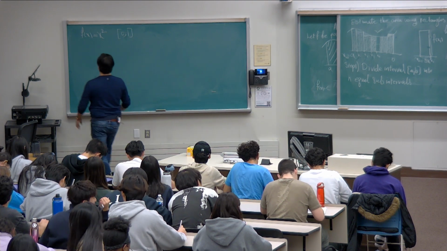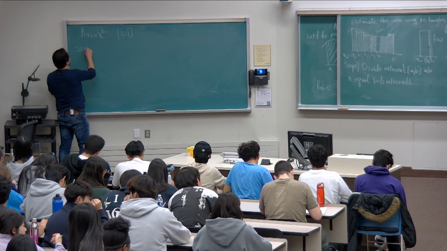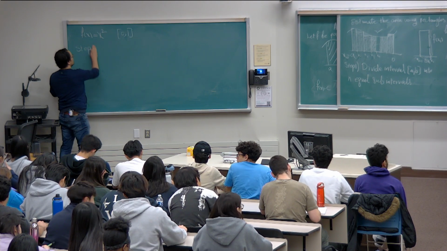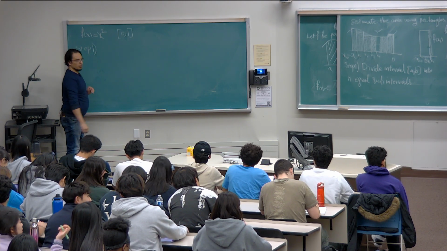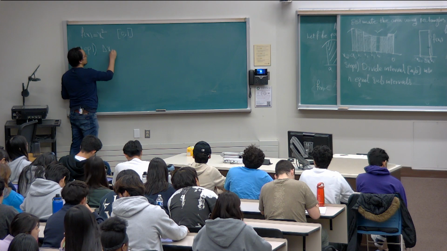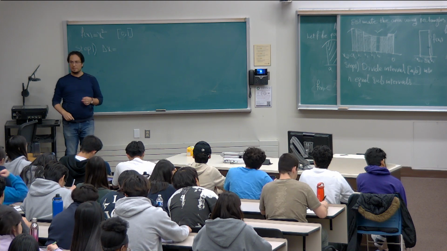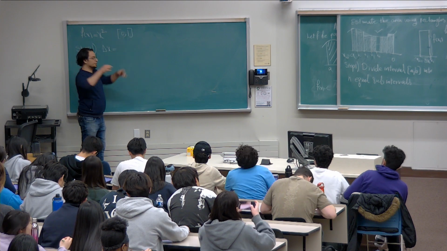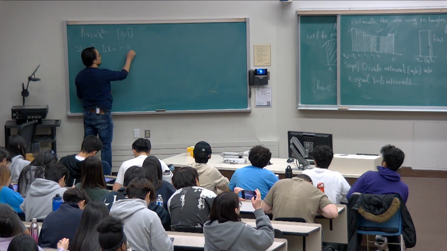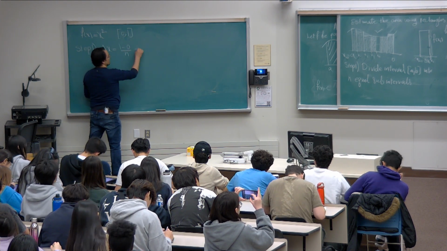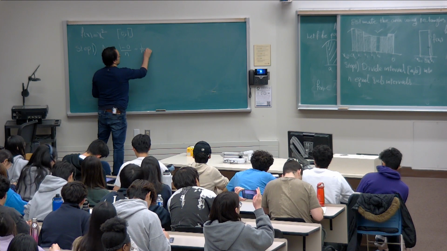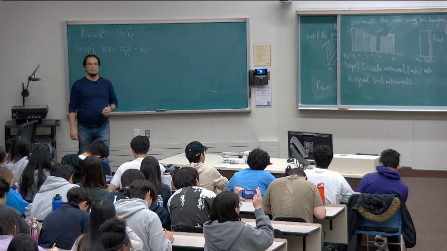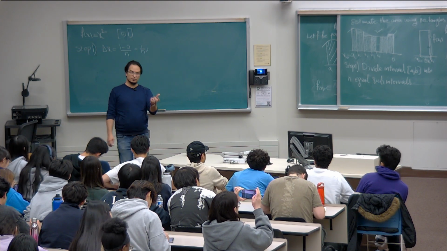Okay, I'm dividing it into n equal subintervals. What is the length of each subinterval? It's the length of the total, the big interval, which is 1 minus 0, divided by n. So that is 1 over n. That's the first thing. Delta x for this example is 1 over n.